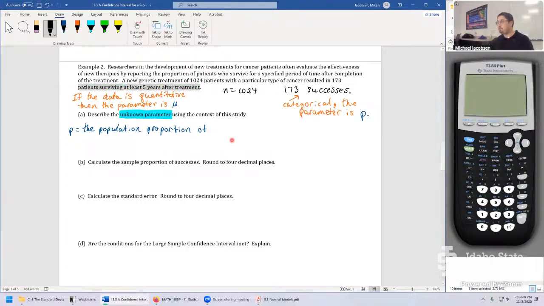So let's say it this way, population proportion of patients surviving at least 5 years after treatment. So this part right here is the successes.